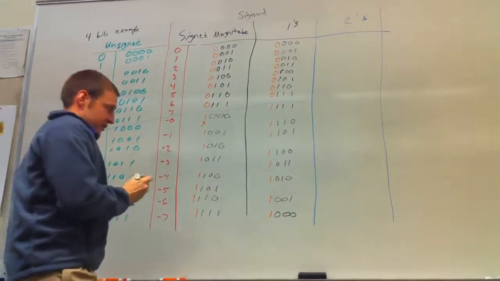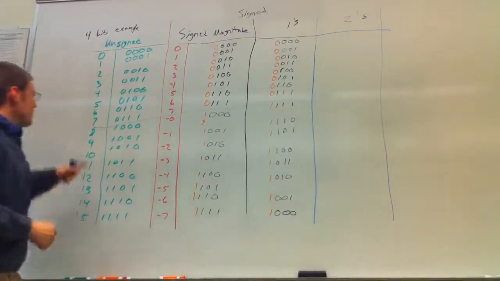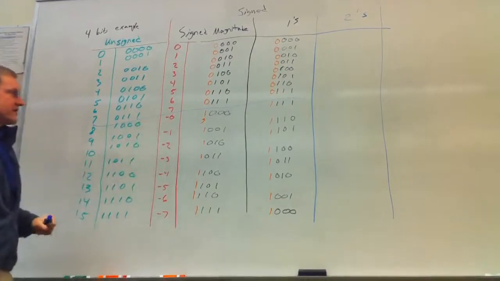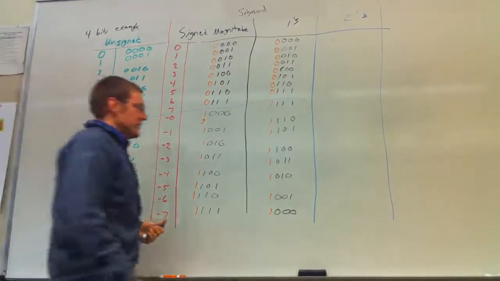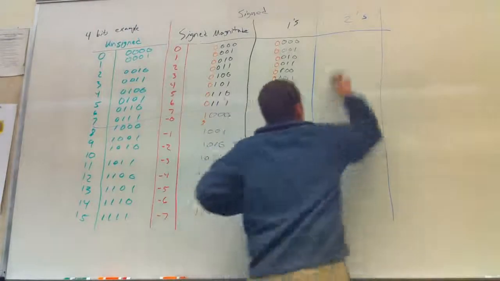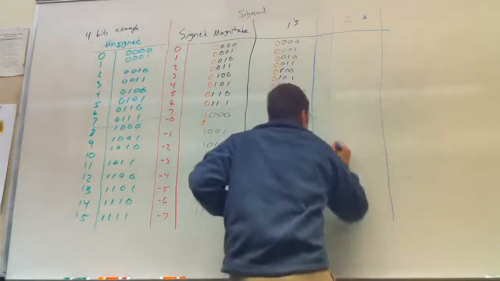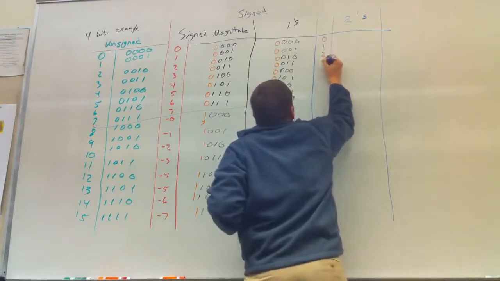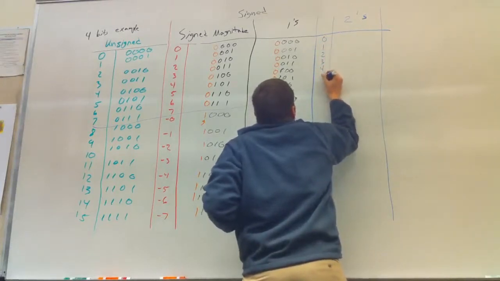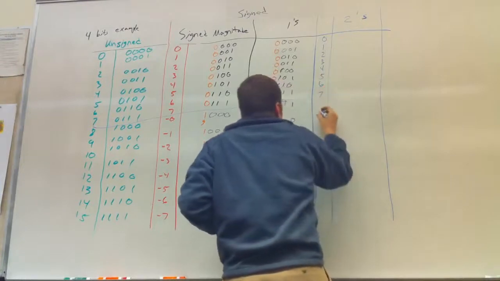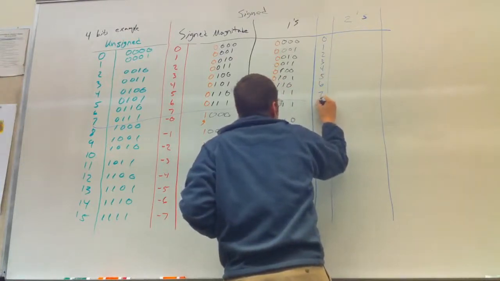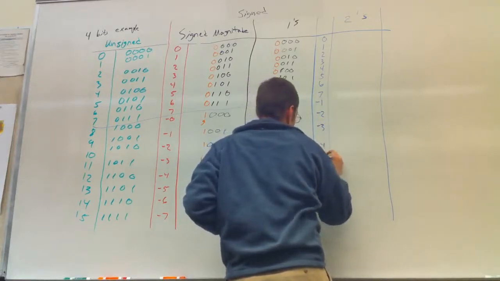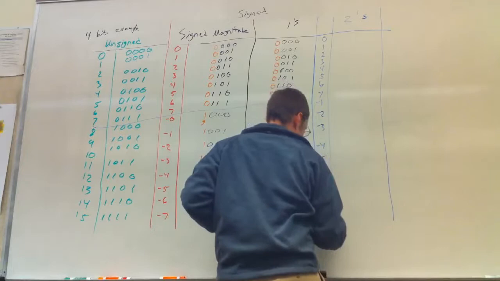So we're going to do a little trick here too. We're going to get rid of this redundant 0 as well, so I'm not going to have an extra 0. There's no point in having that wasted bit. So we have to create a whole new numbering system, which is still the same for positive numbers. I still get the same amount of positive numbers. So we're going to change it to -1, -2, -3, and so on.